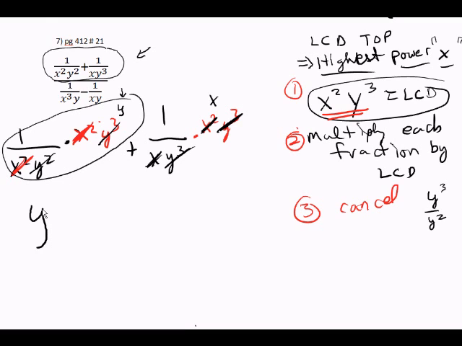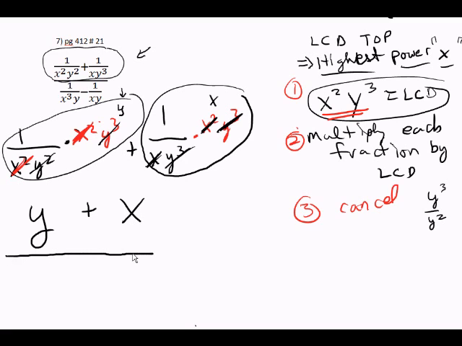What's the only thing left on that first fraction? Yeah, the only thing left is the y on top. So we're just going to put a y. There's nothing left on the bottom. You can put y over 1, but that's just y. What's left on the other fraction? Exactly. So that's what our top looks like. This top changes to y plus x by multiplying by the LCD.